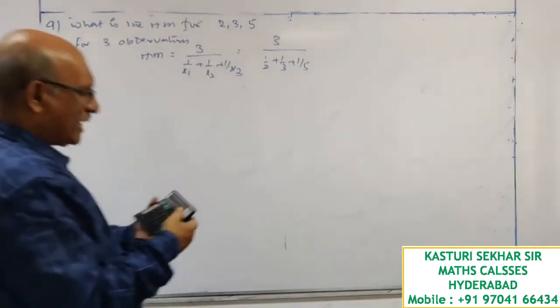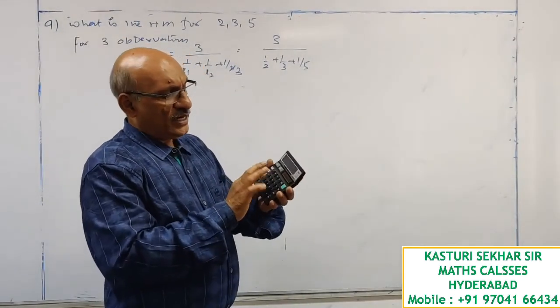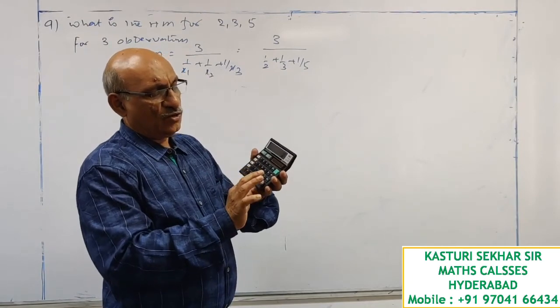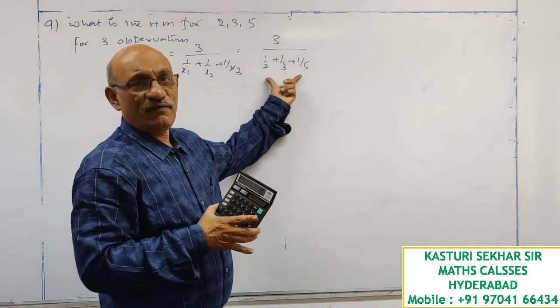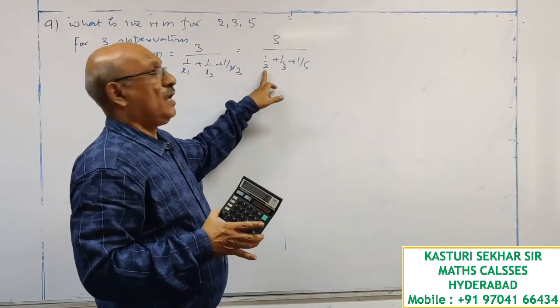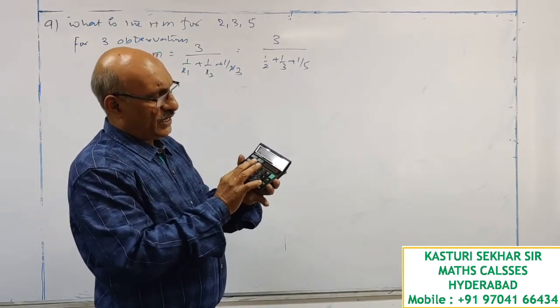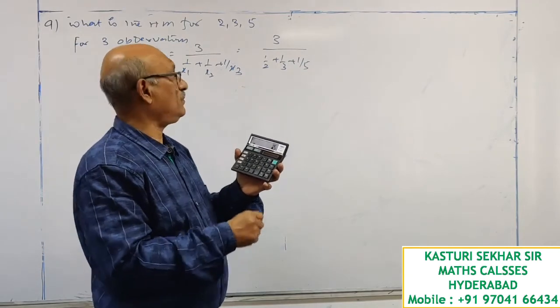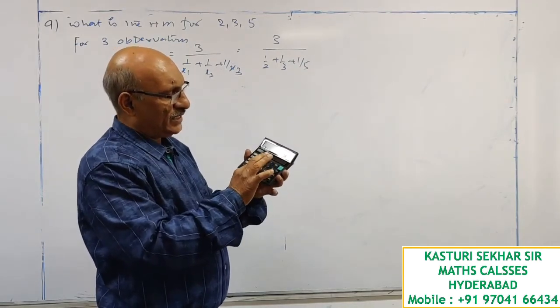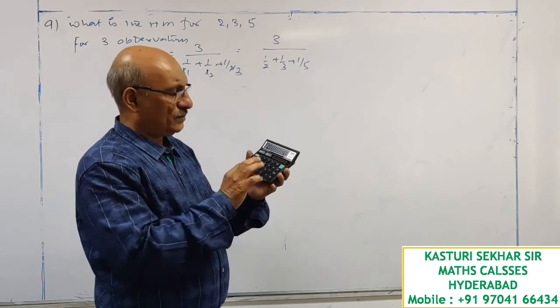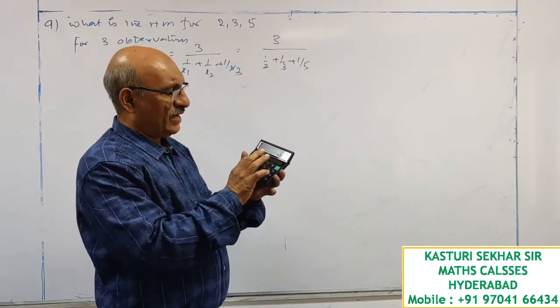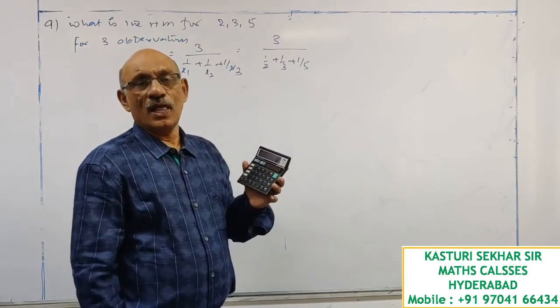We can simplify through the calculator. First I am simplifying the denominator. 1 divided by 2, memory plus. 1 divided by 3, memory plus. 1 divided by 5, memory plus.